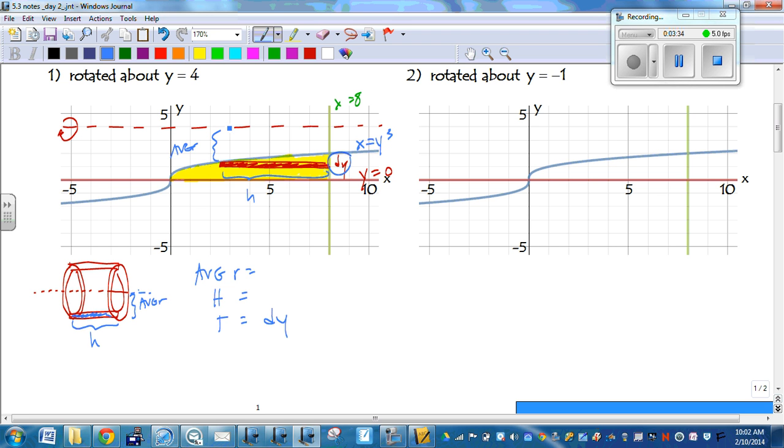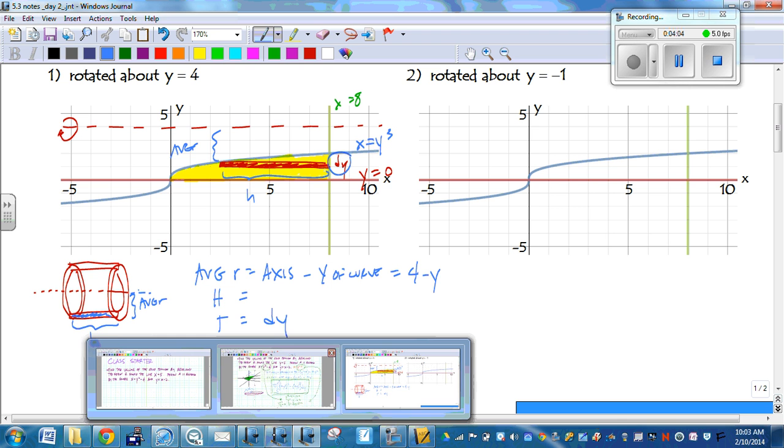So we're taking the top value, which is the axis of revolution, minus the bottom value, which is just the y value of the curve. Since it's a dy cut, we can just leave it as y. We don't have to substitute anything in terms of x. So the y value of the axis of revolution is 4, minus the y value of the graph, which is just y. So our average radius is 4 minus y.